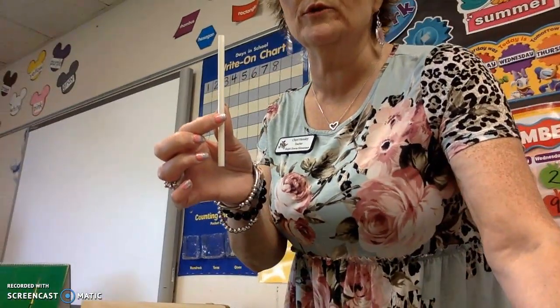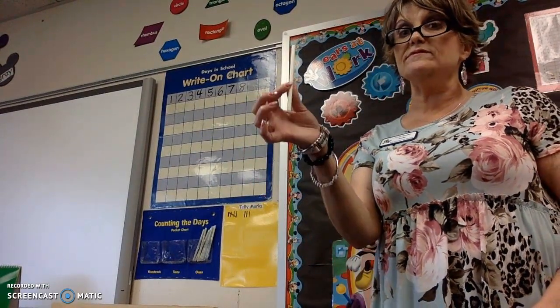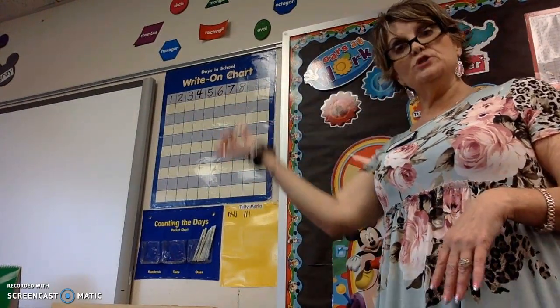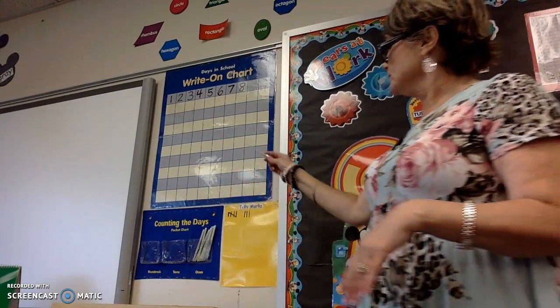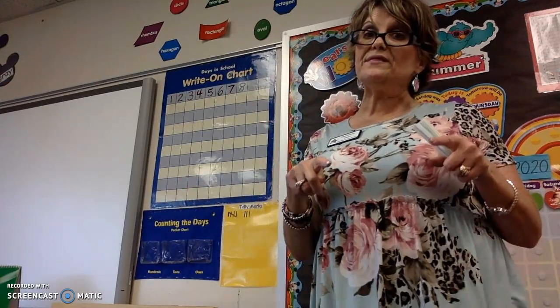Okay, so we need to add a straw. See if you can see that really good. Maybe Mrs. Hensley's making it worse. Okay, we're going to add a straw for the number of days, adding today to our number of days that we've been in school. So let's put that in our counting the days pocket chart under the ones, because remember, we don't do anything with that until we get to 10 days of school.